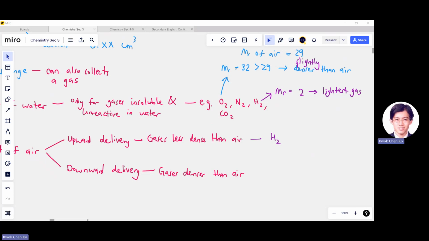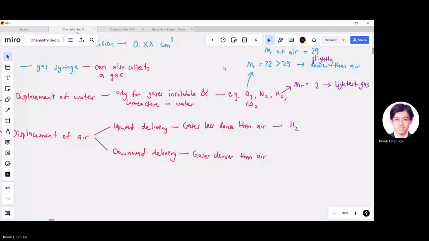Now, one more, CO2, what's the MR? Yep, 44. So it's definitely denser than air. And therefore, I can use downward delivery.